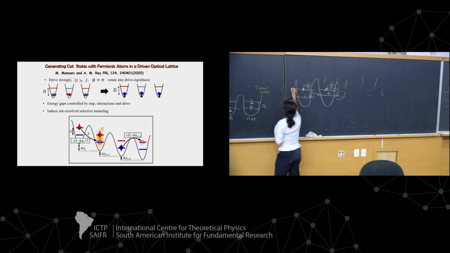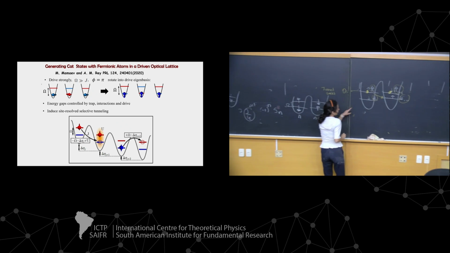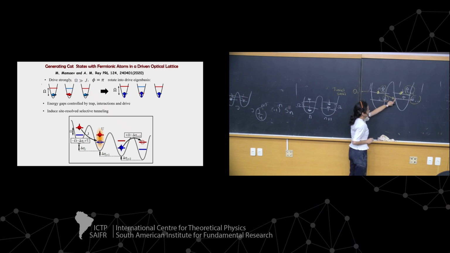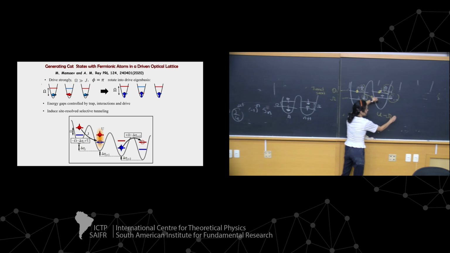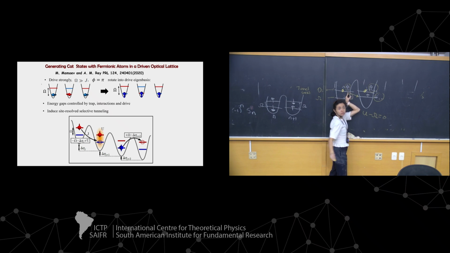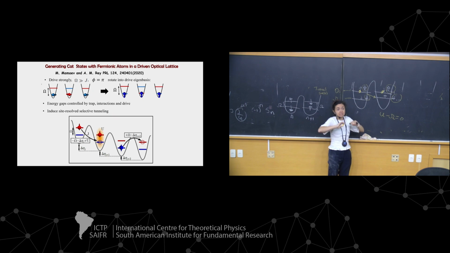We put zero energy here, and then this is energy omega. So this initial state has energy U, but loses energy omega, so it has initial energy zero. These two states are resonant, so the particle can tunnel no matter its energy cost. This is going to be our building block for preparing a cat state.